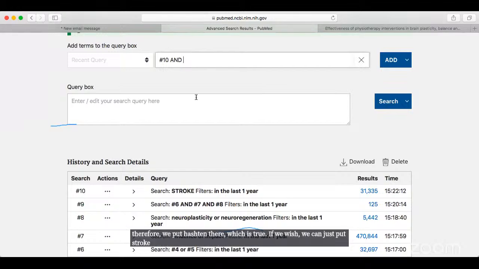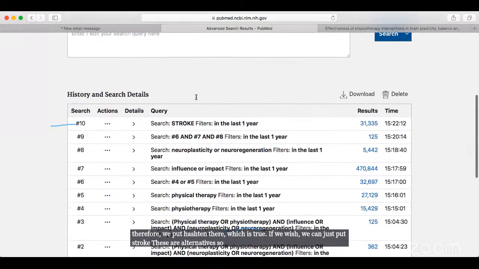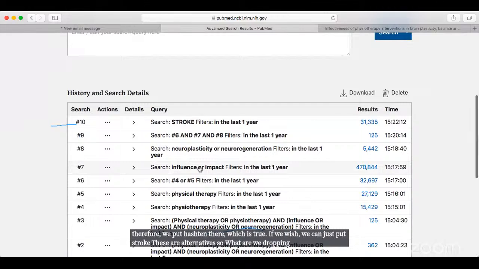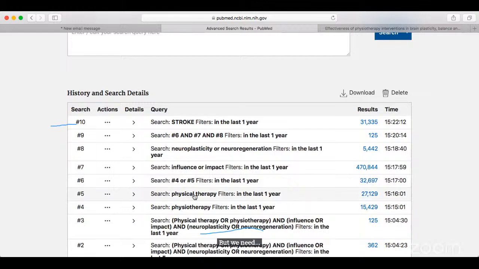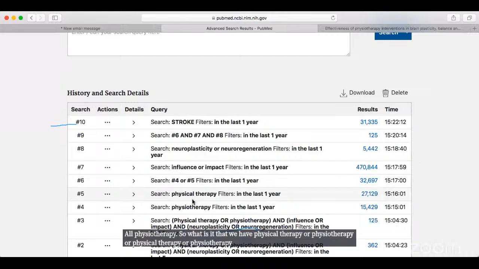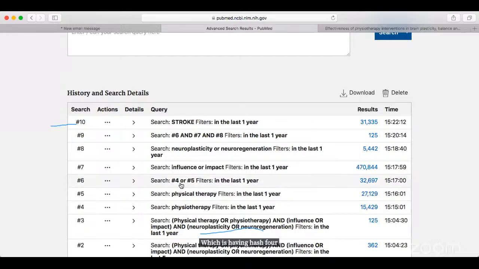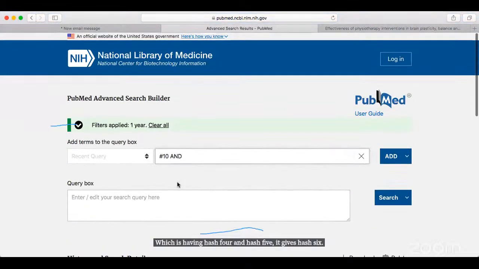These are alternatives. So what are we dropping? Influence or impact? We don't need that. But we need physical therapy or physiotherapy, which is #6, having #4 and #5. So we'll just put #6 there.